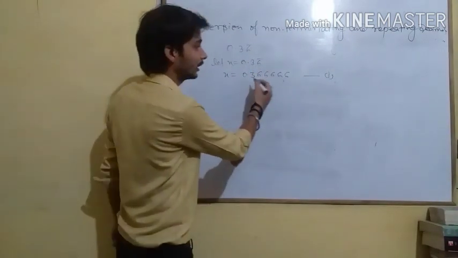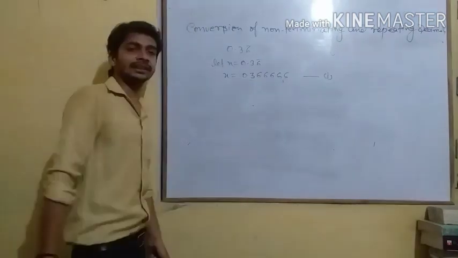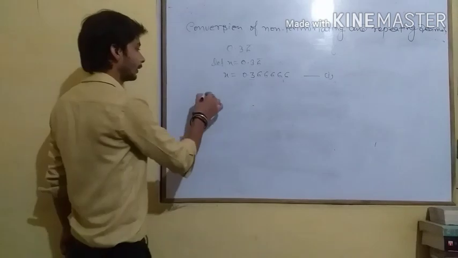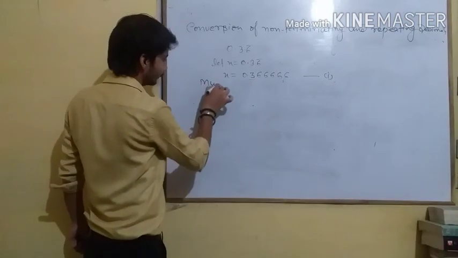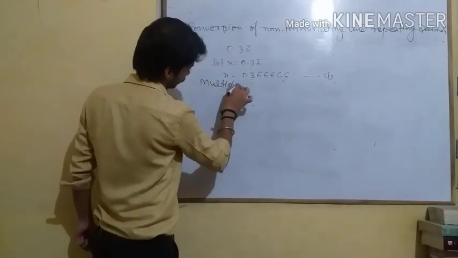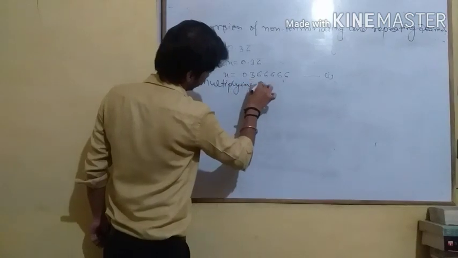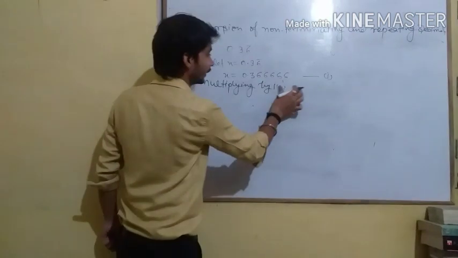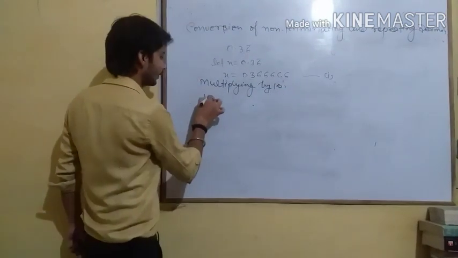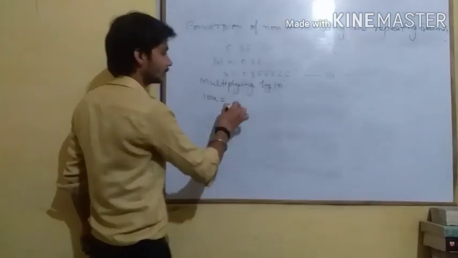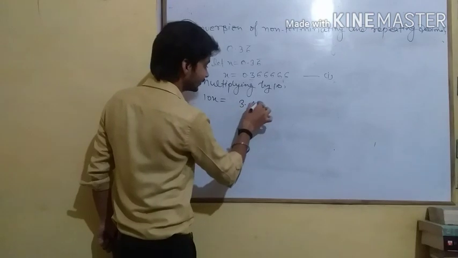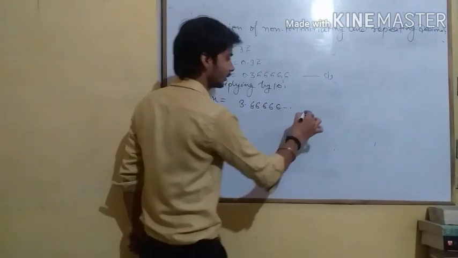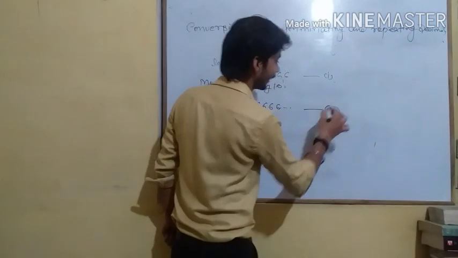Now we multiply with 10 because only a single digit is non-repeating. We get 10x is equal to 3.66666 and so on. Name it equation number 2.